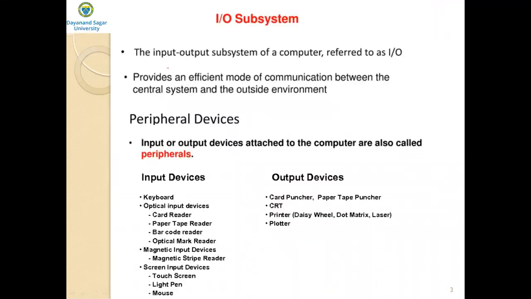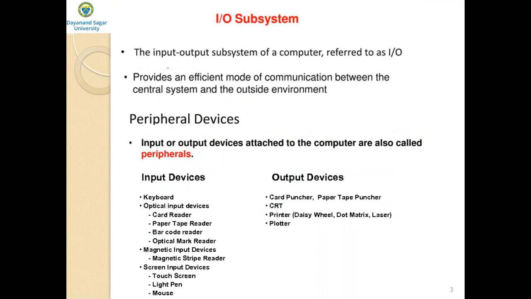So, the input and output subsystem. Like the memory subsystem, we have the input and output subsystem. The memory subsystem includes different types of memory devices like main memory, auxiliary memory, associative memory, the cache memory, and so on.